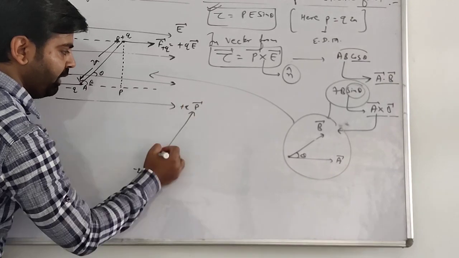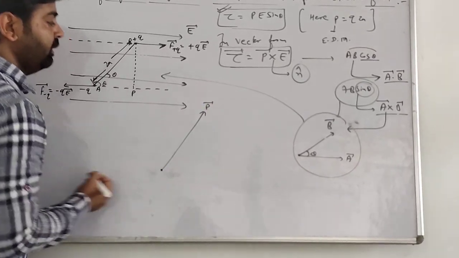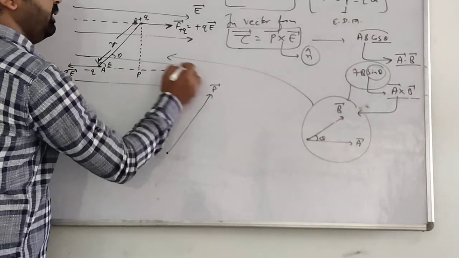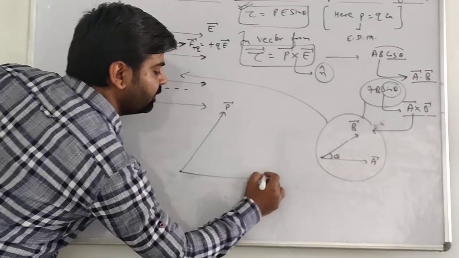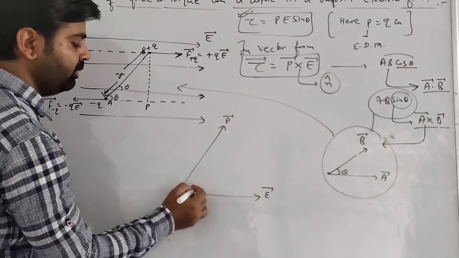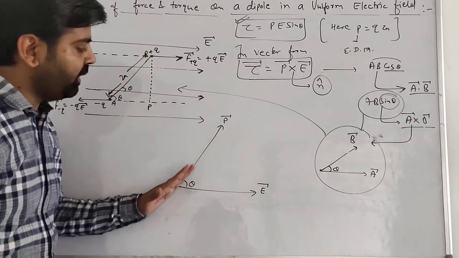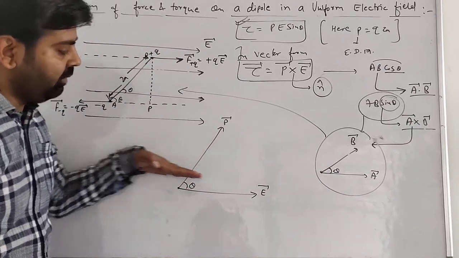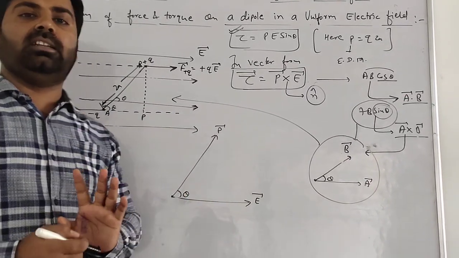And the direction of electric field density is in this direction, E vector, and they are at theta angle. Similarly, for A vector and B vector, here our first vector A vector is P vector and second vector B vector is E vector, the electric field density. Both are at theta angle.